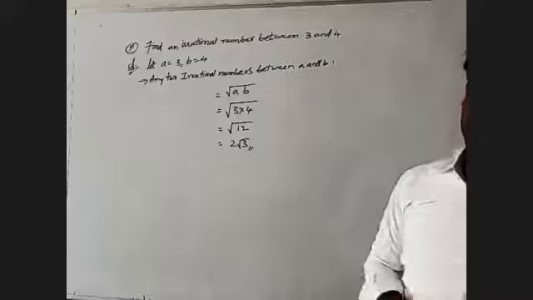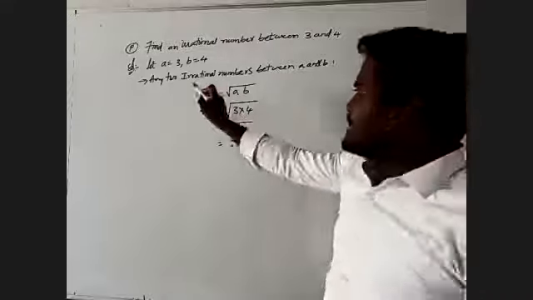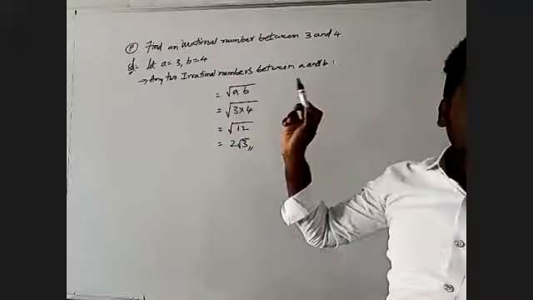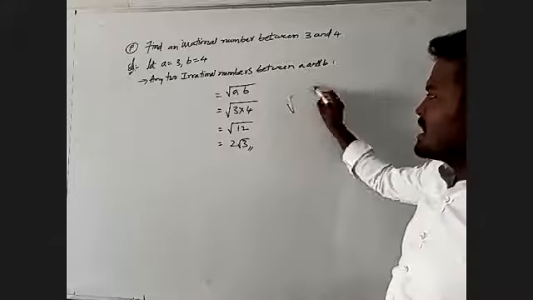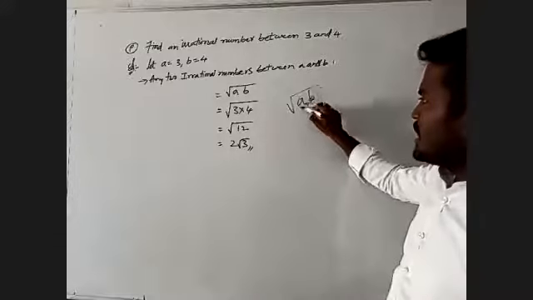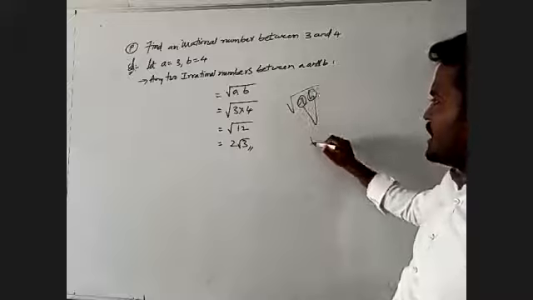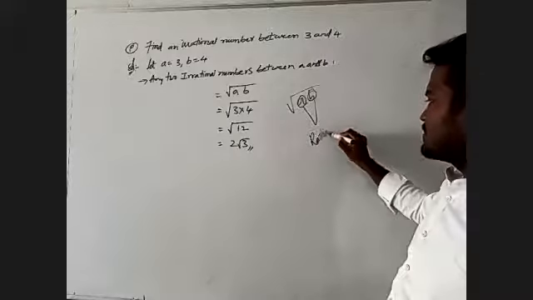Why? Because here, for any two irrational numbers between A and B, the given formula is root of AB, where A and B must be rational numbers.